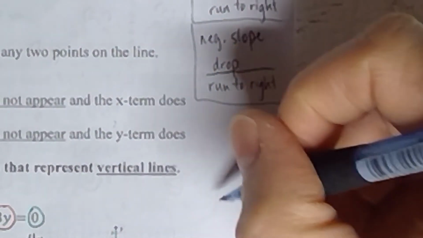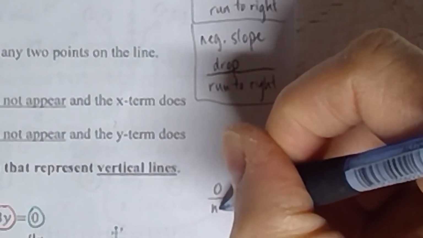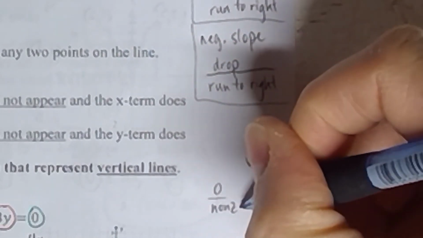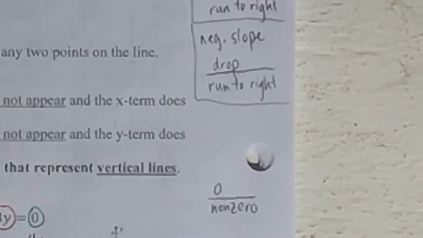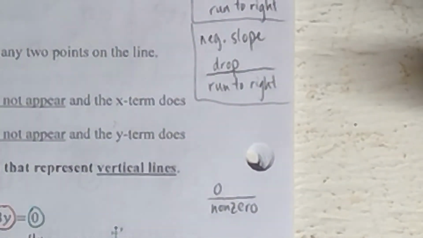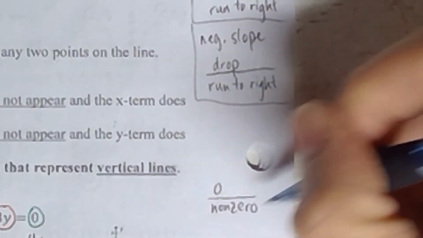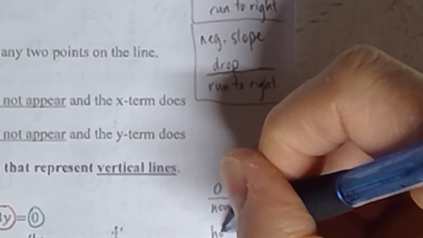So this is just a reminder, you guys, that when you have a 0 divided by a non-zero, if that is your slope, like if you have 0 divided by 5, or say 0 divided by 7, something like that, that is going to be a horizontal slope.